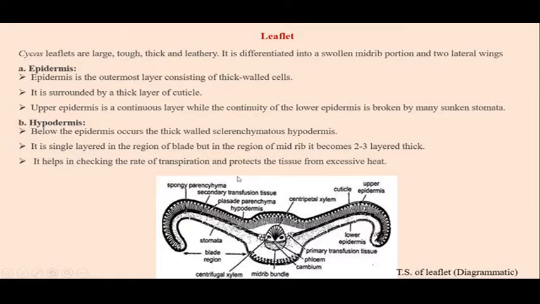In the blade region, this hypodermis is single layered, but in the midrib region, the hypodermis is 2 to 3 layers thick. And this hypodermis helps in checking the rate of transpiration and it protects the tissue from excessive heat.